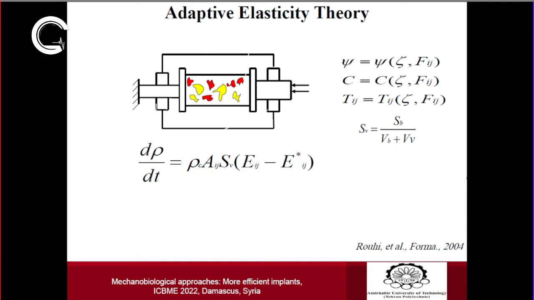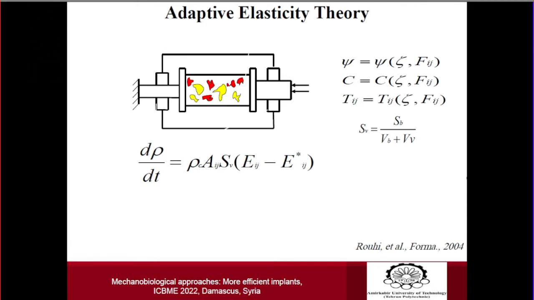But based on what we know from bone biology, we know that bone cells, bone-making cells and bone-resorbing cells, are working at the interface of the solid phase and voids. So instead of volume fraction, we have suggested a new parameter, the so-called free surface density, SV.